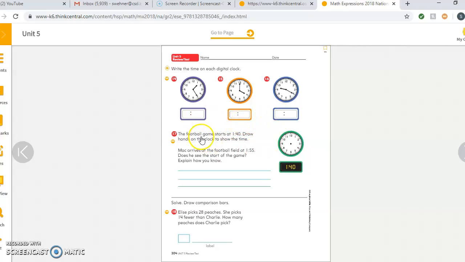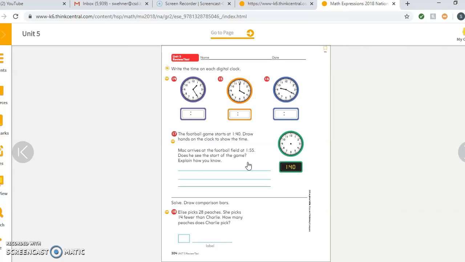Number 17, the football game starts at 1:40. Draw the hands on the clock to show the time. One more reminder, I need to see a difference between the hour hand and the minute hand. You do need to do this next part. It says Mac arrives at the football field at 1:55.